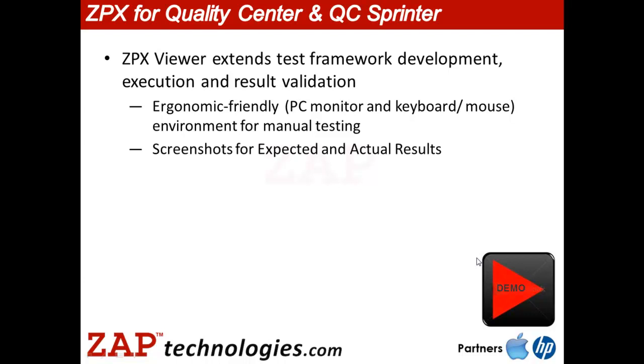We offer test case development by taking screenshots for expected and actual results if we want to illustrate. We also extend execution, as you saw, using the Sprinter, and the reporting, because all the steps with the screenshots and the execution data are going to be incorporated in the Quality Center reporting.